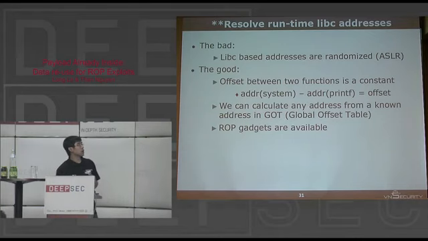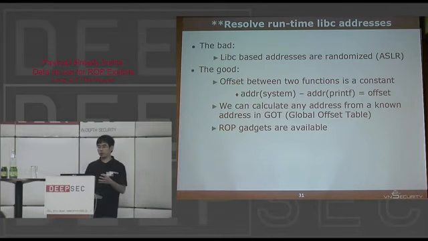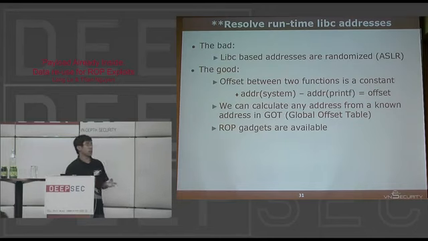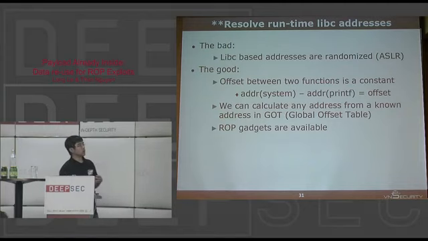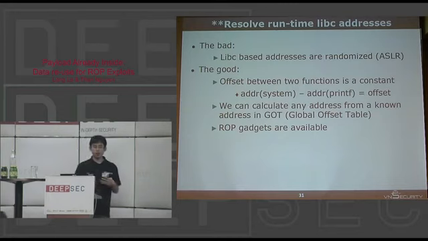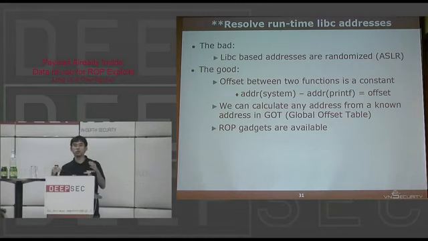Let's say I want to know the address of system, and in the binary itself, some libc function, let's say printf, was used. What I can do is resolve it at runtime by calculating it. When the library is running and loaded into memory, the base address can be random. However, the offset between two functions is still the same.